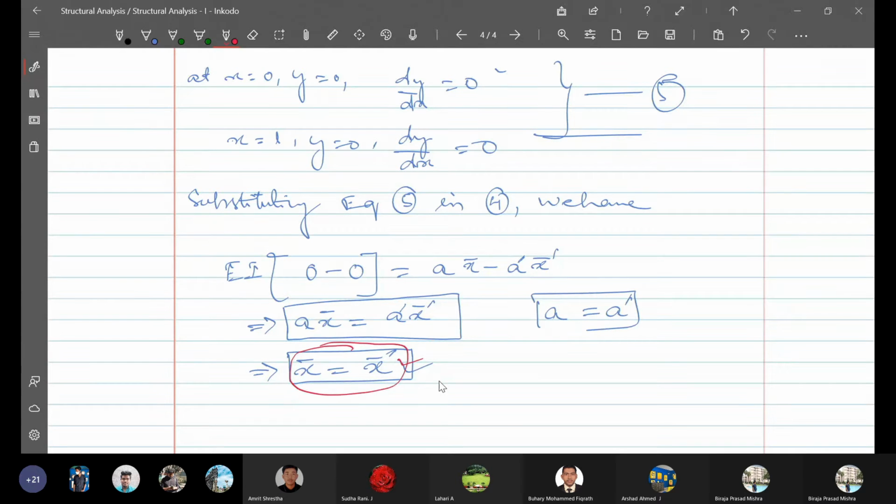Now we will go to the different special cases.